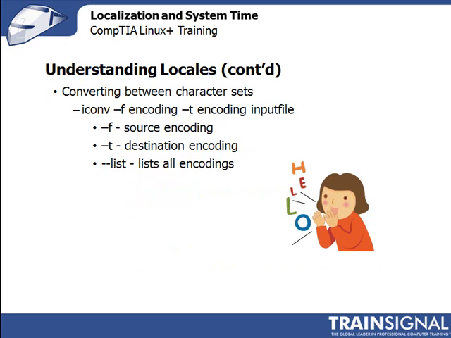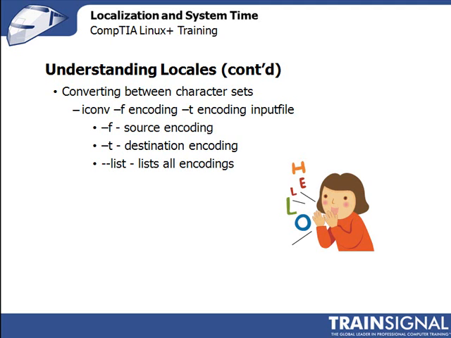What if you received information from a coworker in another part of the world that uses a different character encoding set? For instance, a colleague in Russia sent a file with the ISO 8859 code set, and you're currently using UTF-8. Have no fear, you don't have to trash the file. You can use the iconv program to convert it and change the character encoding.